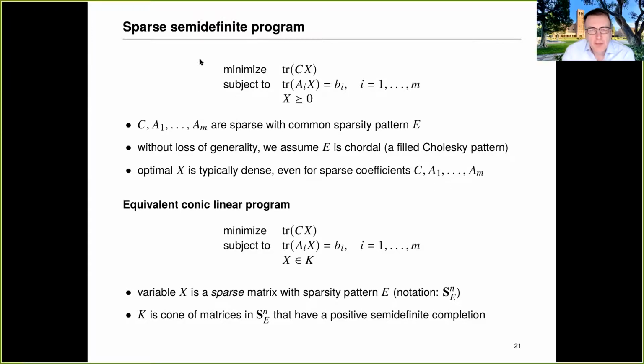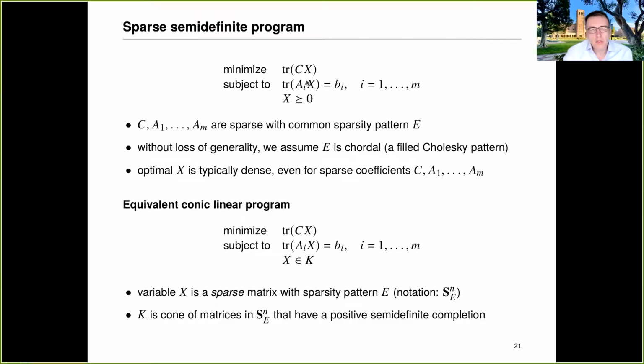A problem in semi-definite optimization is that even when AI and C and all the coefficients are very sparse, X in general has to be dense to make the matrix positive semi-definite. So usually the feasible solutions and the optimal solution will be dense, even when C and all the coefficients AI are very sparse. But sparsity does matter, because if you look at the objective and the constraints, you can distinguish two types of variables in the matrix X. There are the entries in X that are multiplied with non-zeros in C and AI.